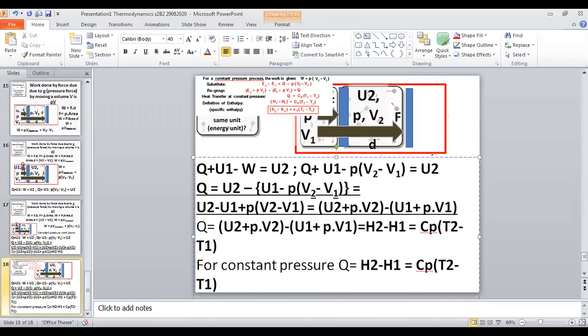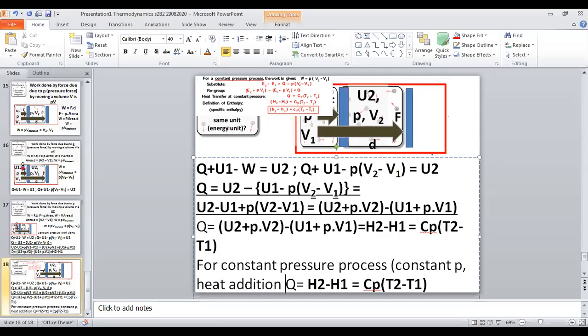Process. Three things are there. Constant P. When you have constant P, heat addition Q is there, and work done W is there.